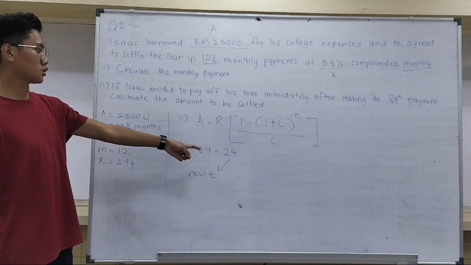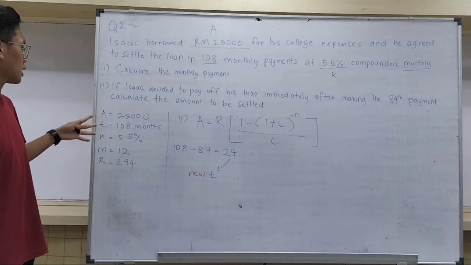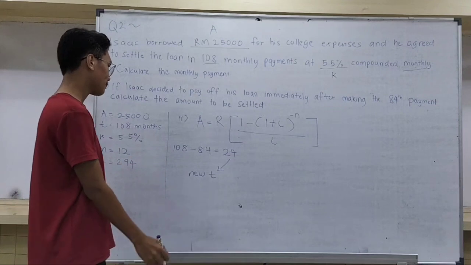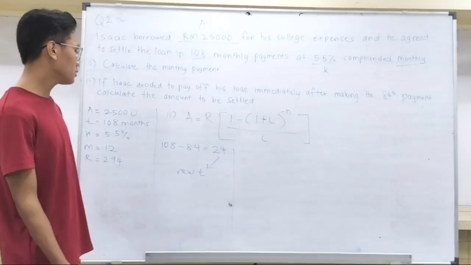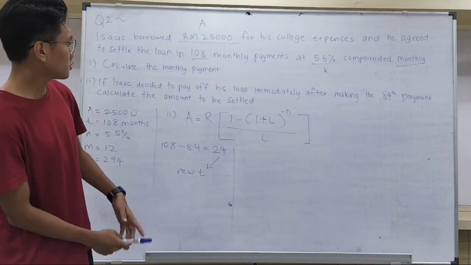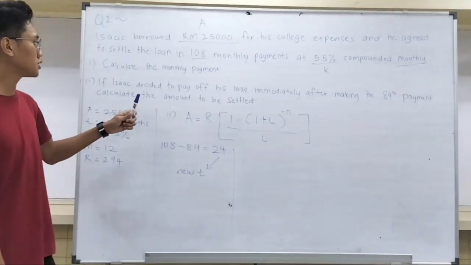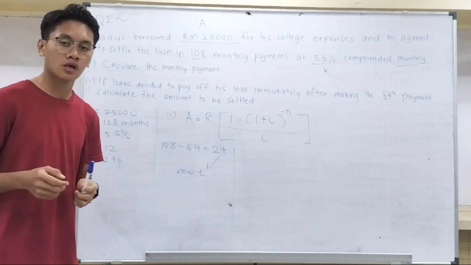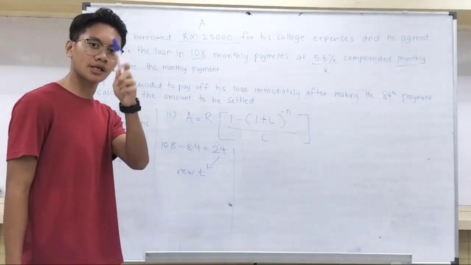We just put all the information that has been listed here, but we change the t. After we got the new t, we need to find the amount, which means how much he borrowed, which is A.